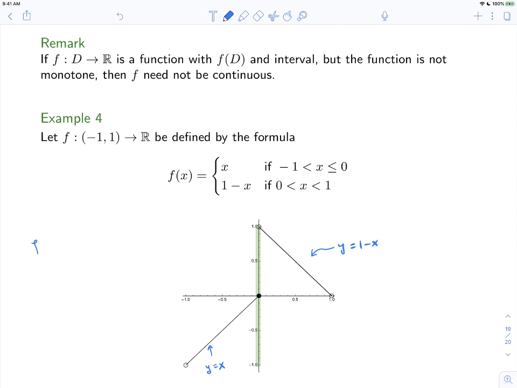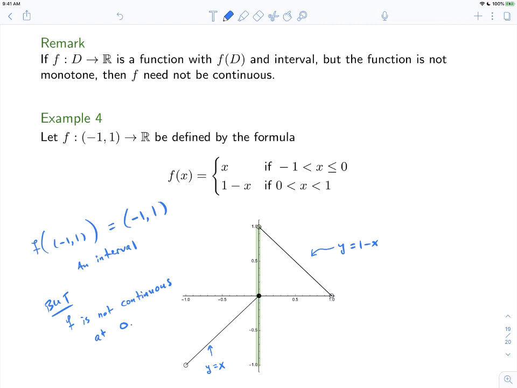So here, f of (-1, 1) is equal to (-1, 1), which is an interval. But f is not continuous at 0. It's continuous elsewhere, but it's not continuous at 0.